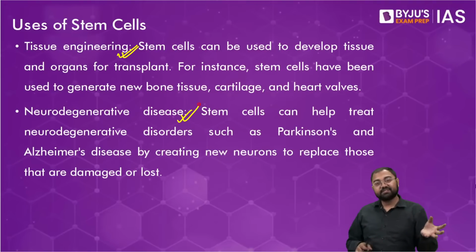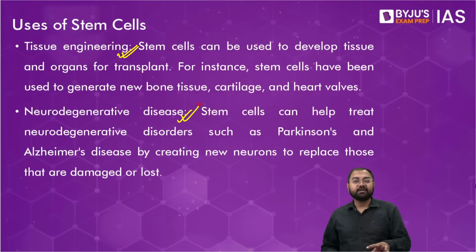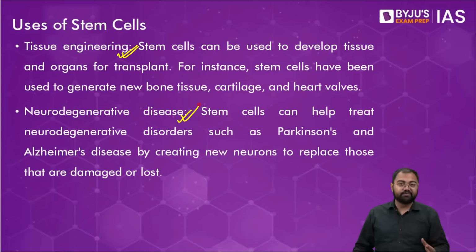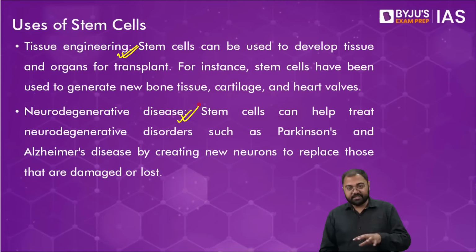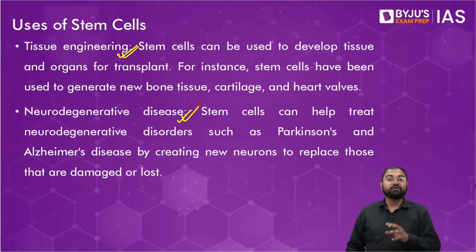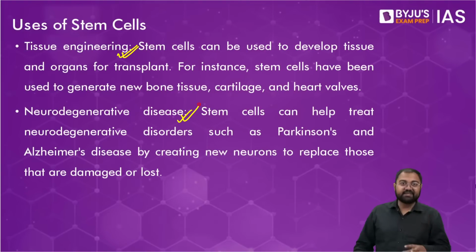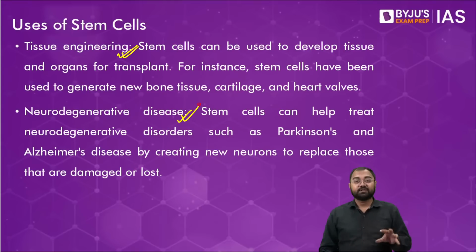That's why a lot of investments are being made, a lot of new methods are being developed, and a lot of research and development keeps happening as we speak. Countries all across the world have been trying to get better success rates in the various ways in which medical science is trying to use stem cells.